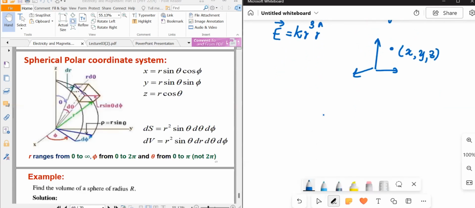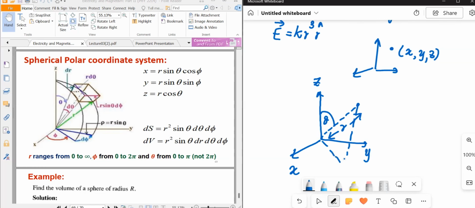But in a spherical polar coordinate system, if we want to denote a certain point in space, we have the x, y, and z axes, but the values that represent that point are: the r value, which is the distance from the origin to the considered point; then theta, the angle from the z axis; and the angle from the x-axis, psi.